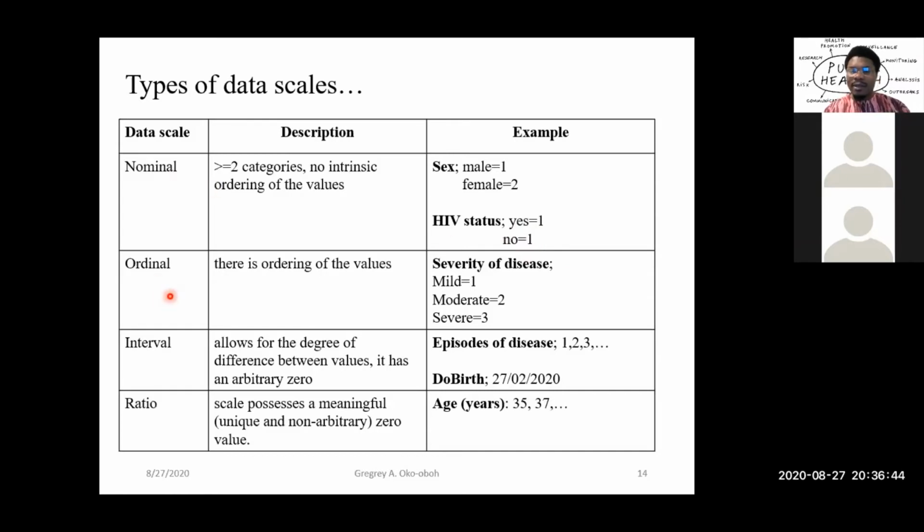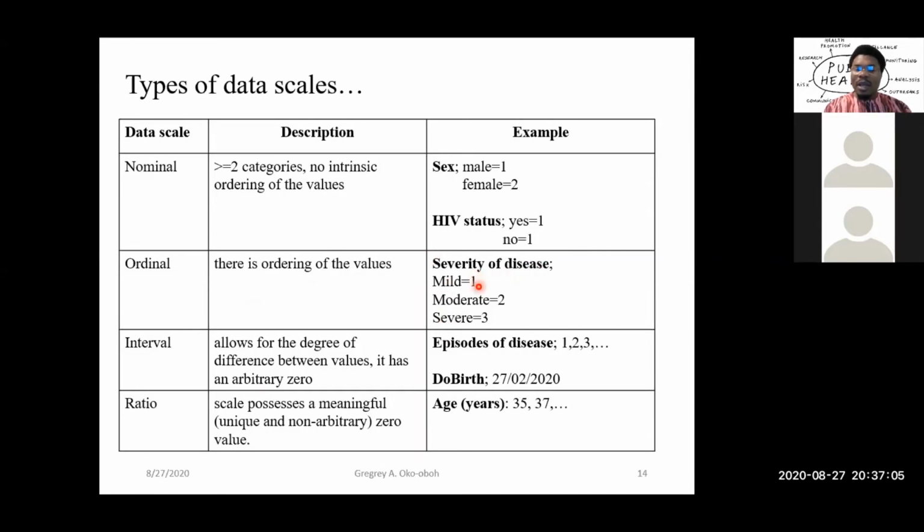Ordinal data scale, on the other hand, has an ordering. They are just a little step above nominal, like we've said. The individual categories are mutually exclusive. However, each category has an inherent rank to it. A good example I've given before is severity of disease: mild, moderate, severe.